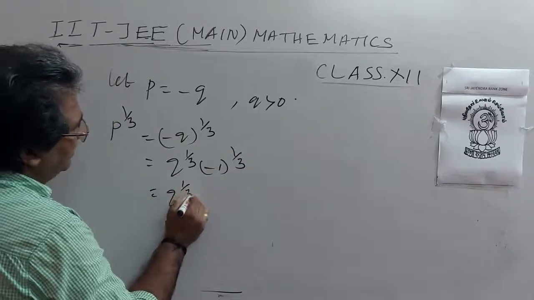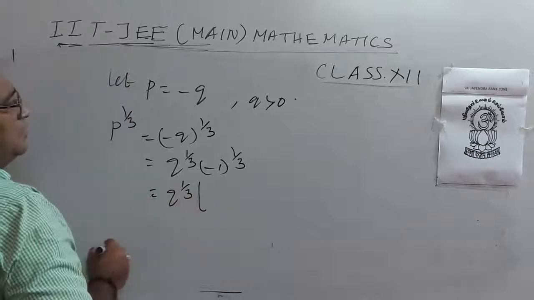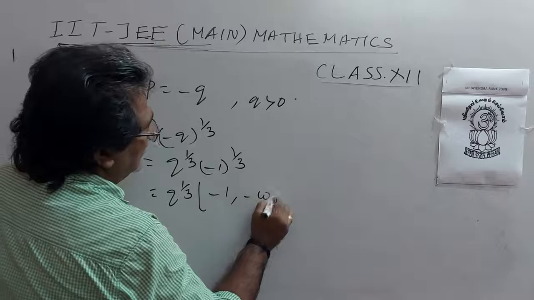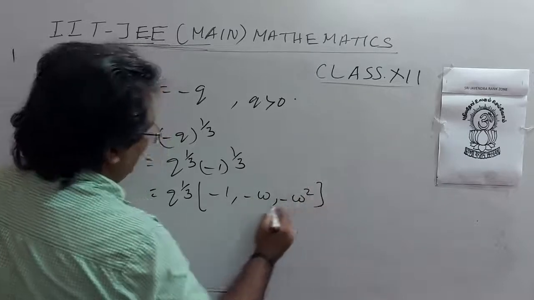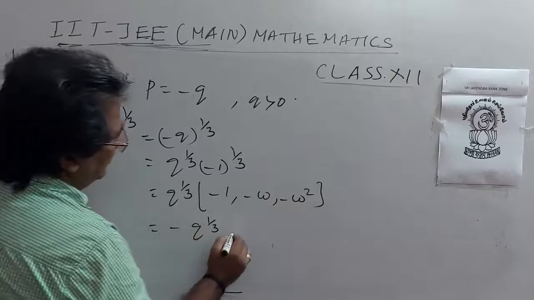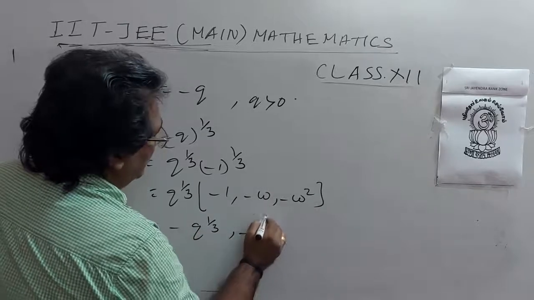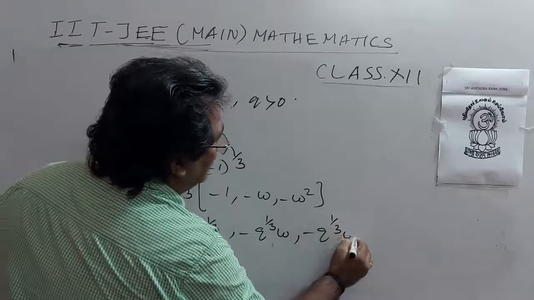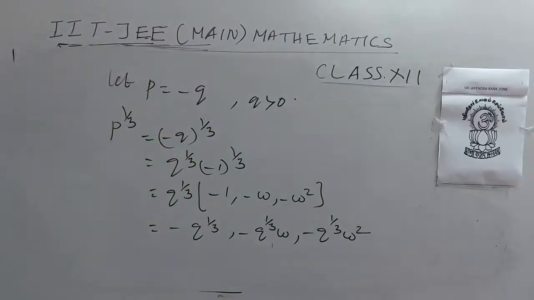Q power 1 by 3 into the cube roots of minus 1, which are minus 1, minus omega, minus omega squared. So minus Q power 1 by 3, minus Q power 1 by 3 into omega, minus Q power 1 by 3 into omega squared.